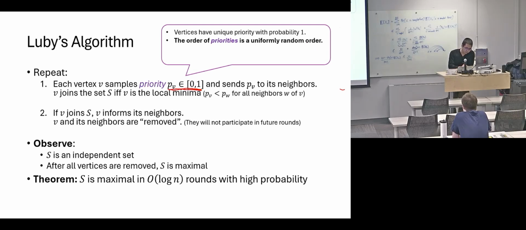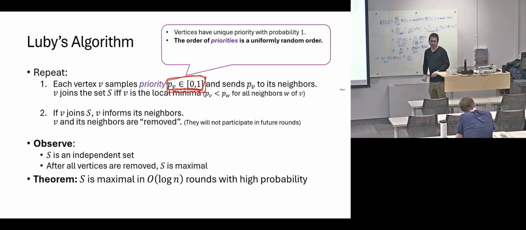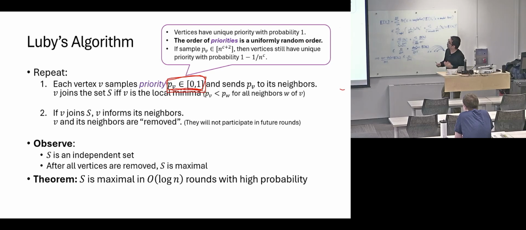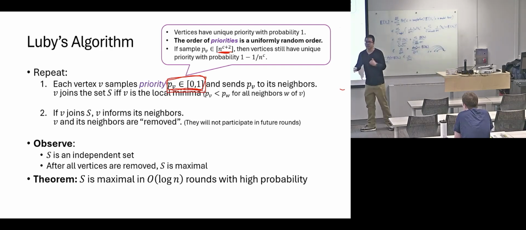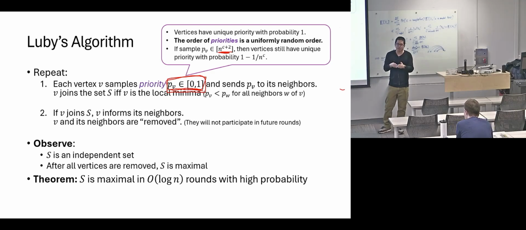The reason that I do it like this is so that I can implement this uniformly random order in a distributed way. I don't need any coordination between nodes. Each node just samples some number. If we are not okay with real numbers, we could just sample from a big enough integer, like a number from 1 to n to the c, and then two nodes will not choose the same number with good probability.